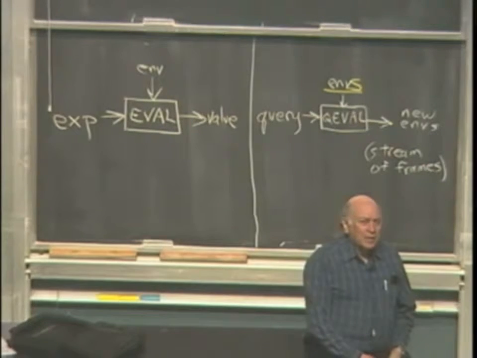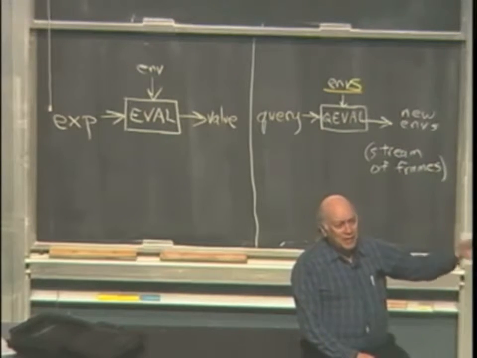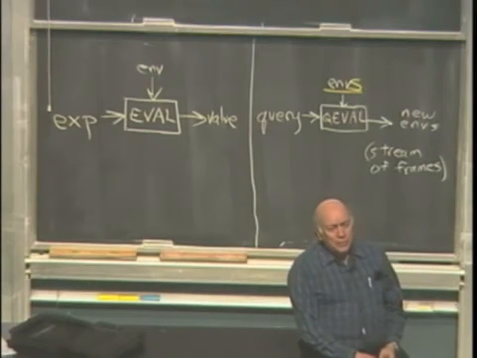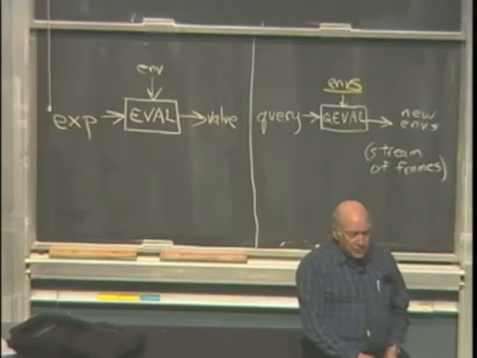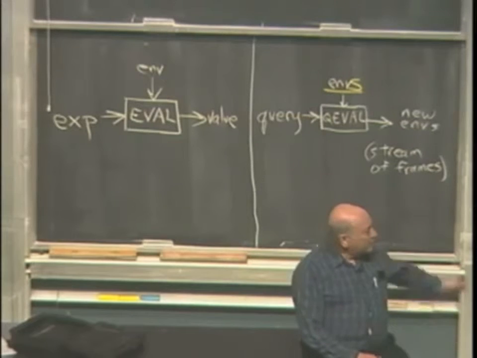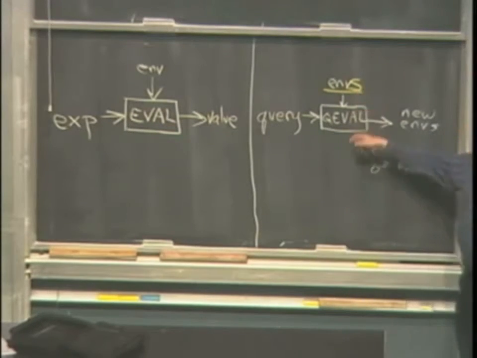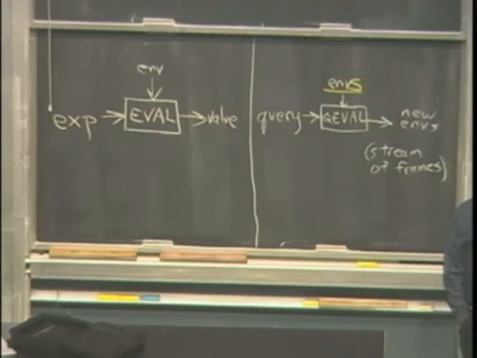On the other hand, we don't want to write a program that says find something, print the value, find something else, print the value. That's not very elegant. So we use the technique that we have for reordering computations, namely streams. So the input to QEval on the side is a potentially infinite stream of environments.